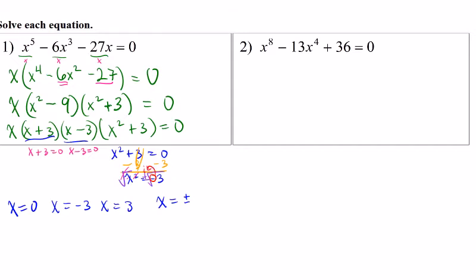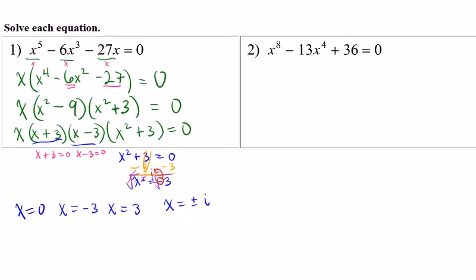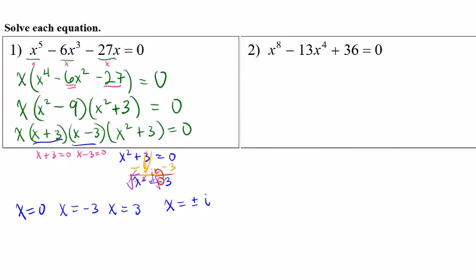So it's going to be plus or minus i, and then 3 is a prime number, so there aren't going to be any pairs. I can't really break it down into a factor tree, so it's just going to stay inside. So it's going to be plus or minus i root 3, right? Which, remember, that's 2 answers, so you don't have to write this out, but remember that means i root 3, and that means negative i root 3.